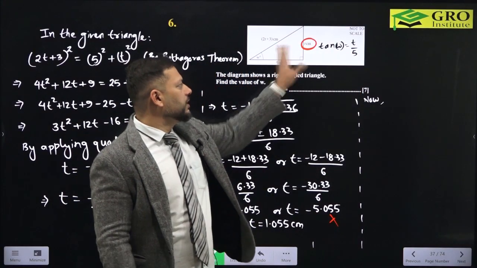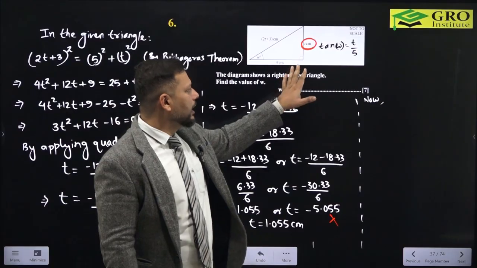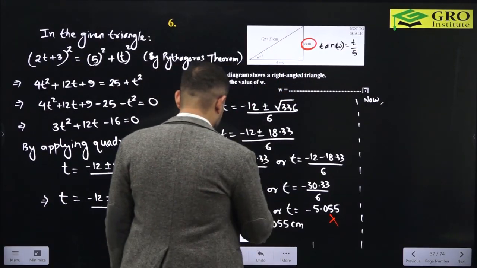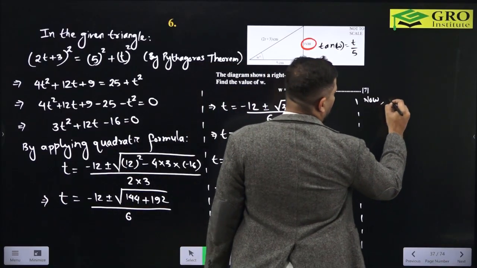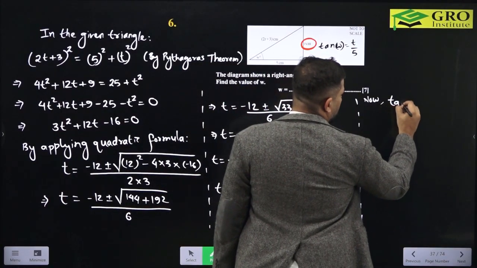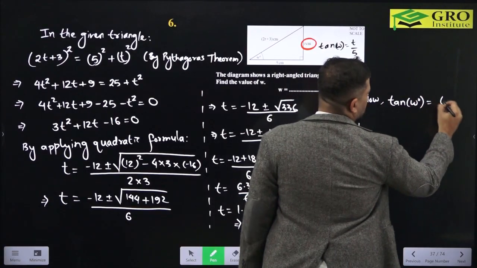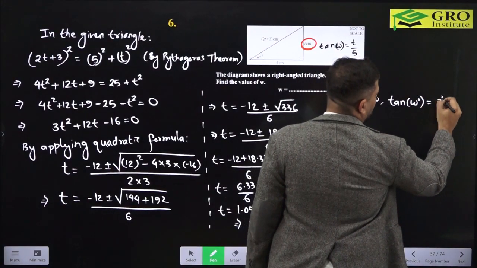The tangent of this angle is going to be t by 5. So that is what we are going to write over there. Now tan w degree is going to be t upon 5, right guys?